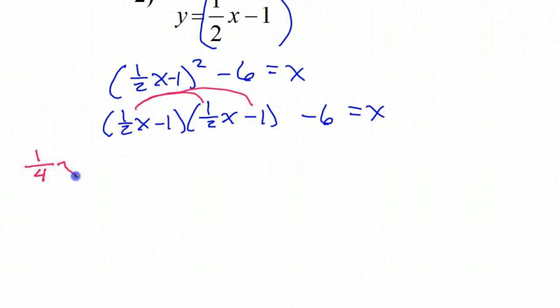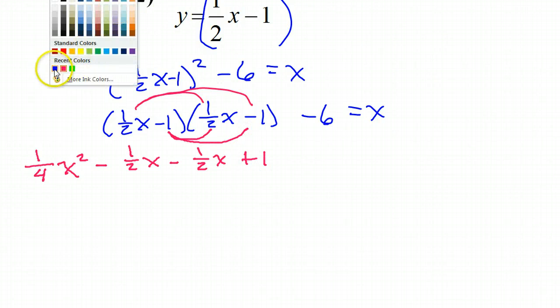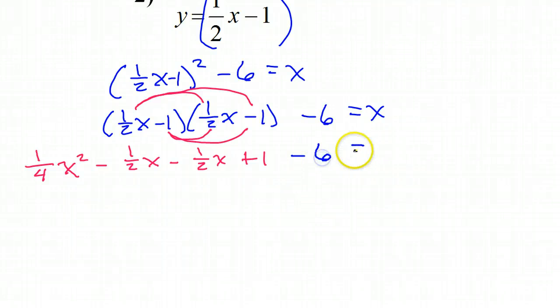X times x is x squared. So I'll have 1/4 x squared. Now 1/2 x times negative 1 is negative 1/2 x. And again, negative 1 times 1/2 x is negative 1/2 x. Negative 1 times negative 1 is positive 1. And then I still have my minus 6 equals x.